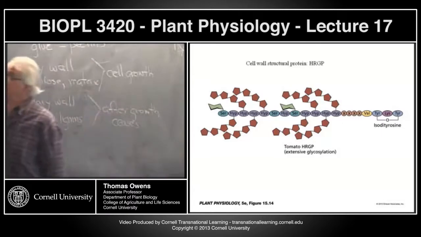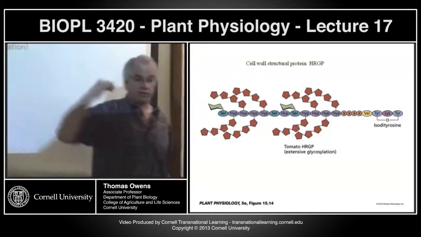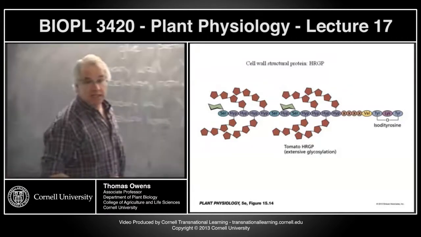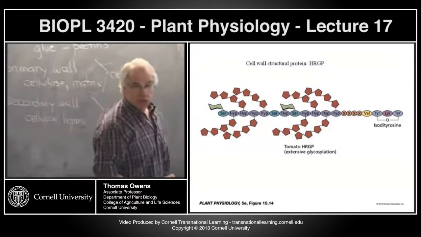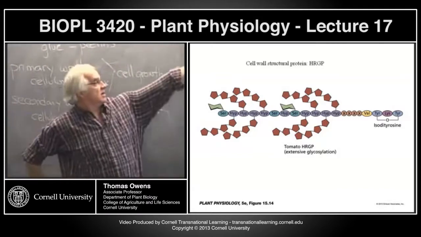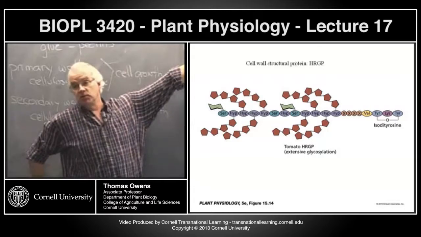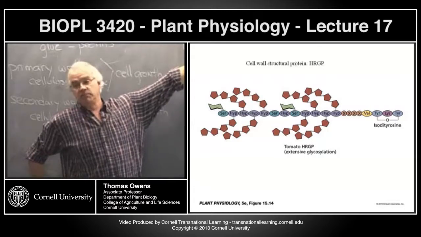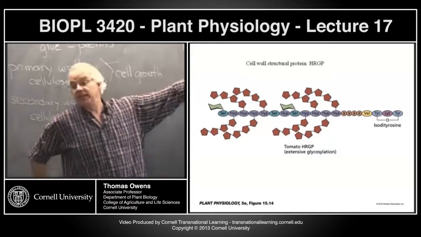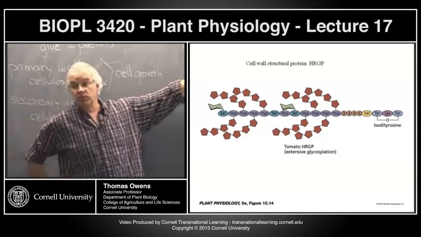And the hydroxyprolines here, the hydroxyl group, forms a place where glycosylation, attachment of sugars, tends to happen in these types of proteins. So the hydroxyproline-rich part of this means that these proteins are rich in places where carbohydrates can be attached. That attachment of carbohydrates to proteins makes it a glycoprotein.